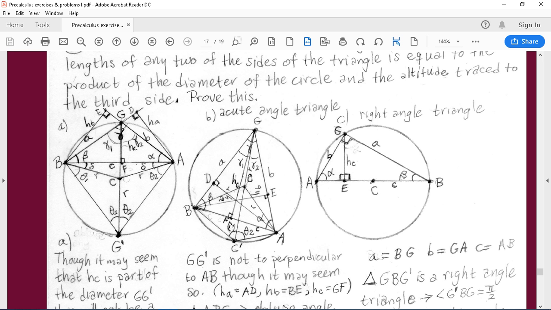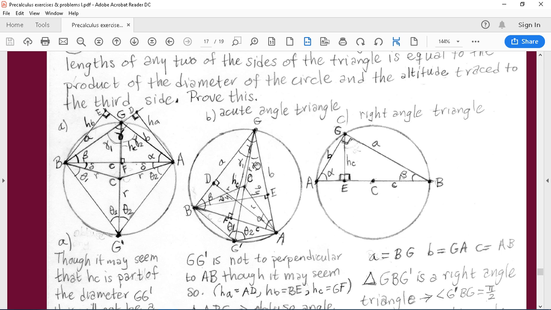So theta 1 and gamma 1 are complementary, and for triangle GAG prime, angle G prime GA is angle gamma 2, and angle GG prime A is angle theta 2.